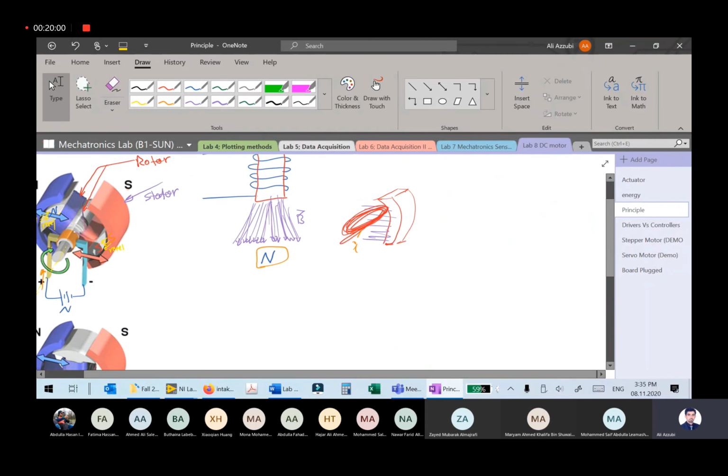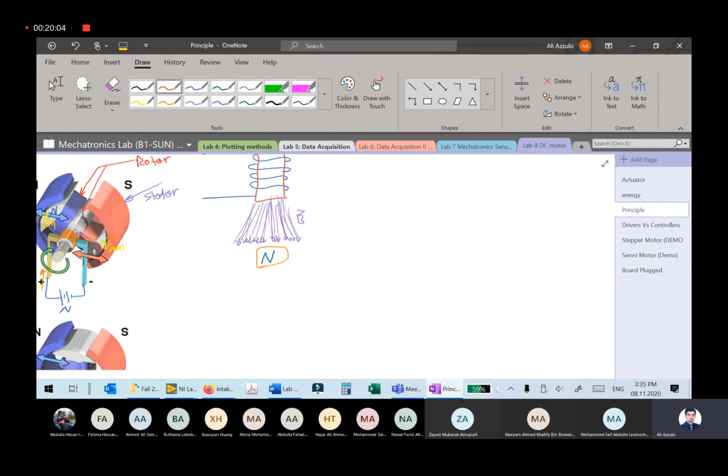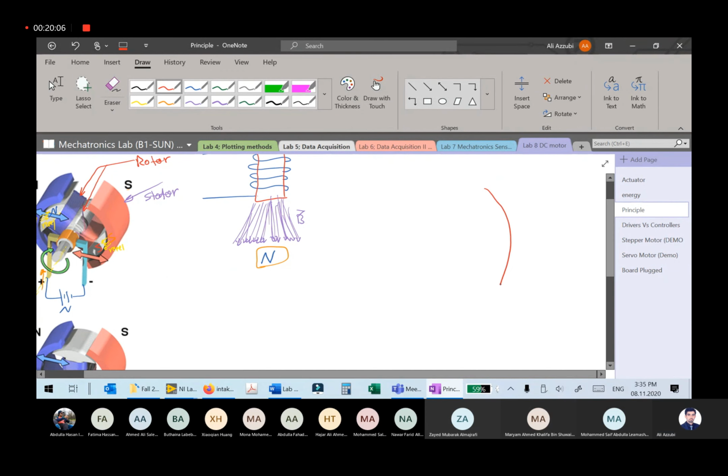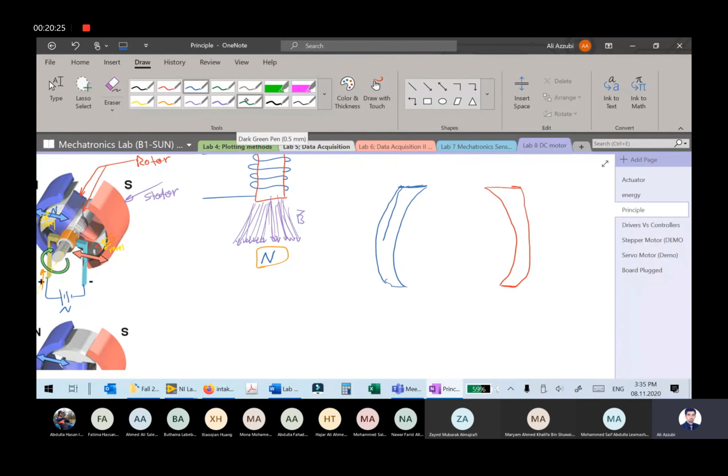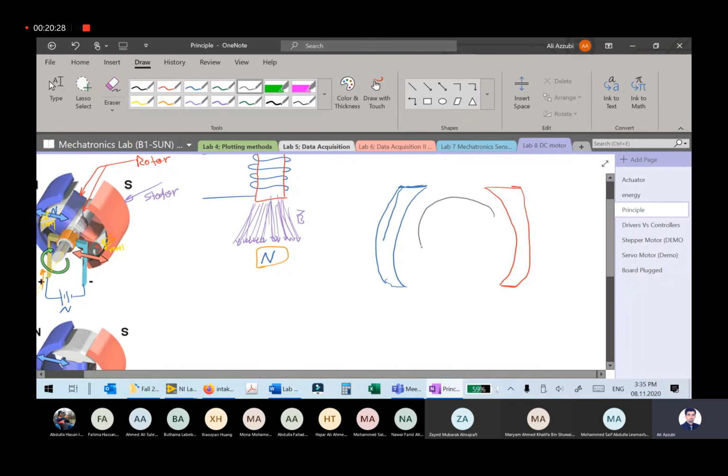let's explain it with a two-dimensional drawing here. Now this is my south, this is my north. Okay, and the rotor inside like this.